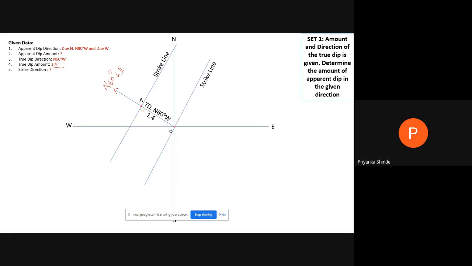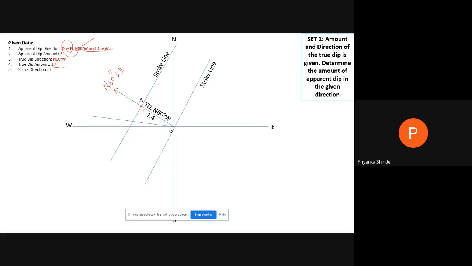Then what is the required answer? We need to find the apparent dip amount in the given direction. So what are the given directions? Due north. What is the amount? Then we have to mark north 80 degree west.